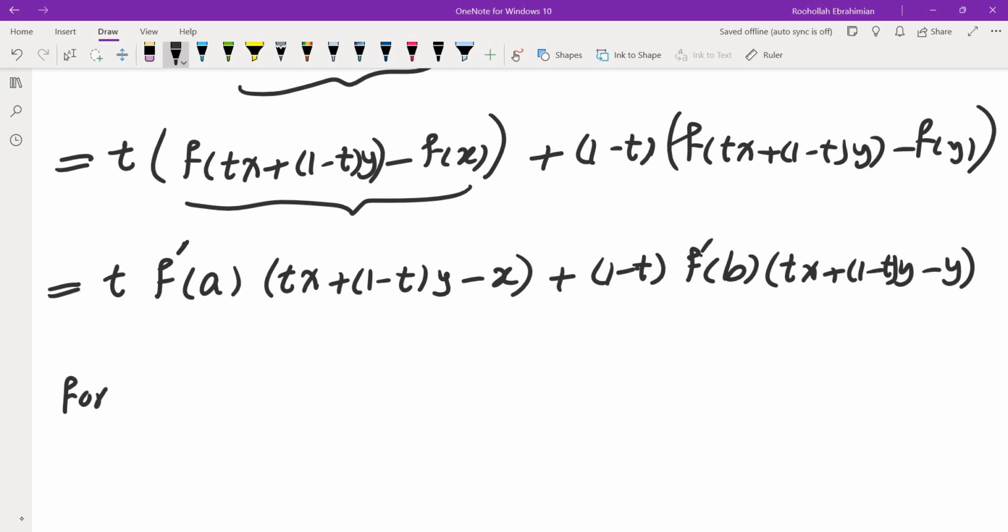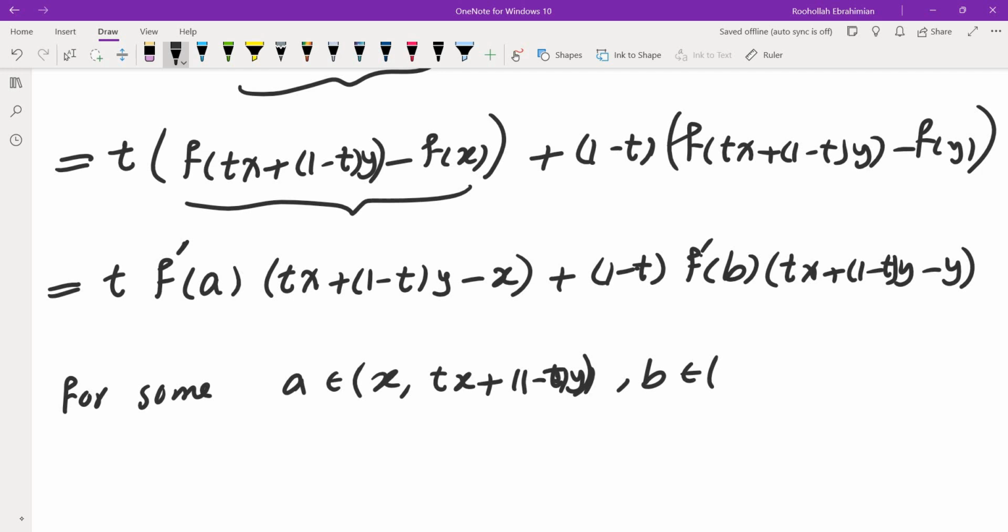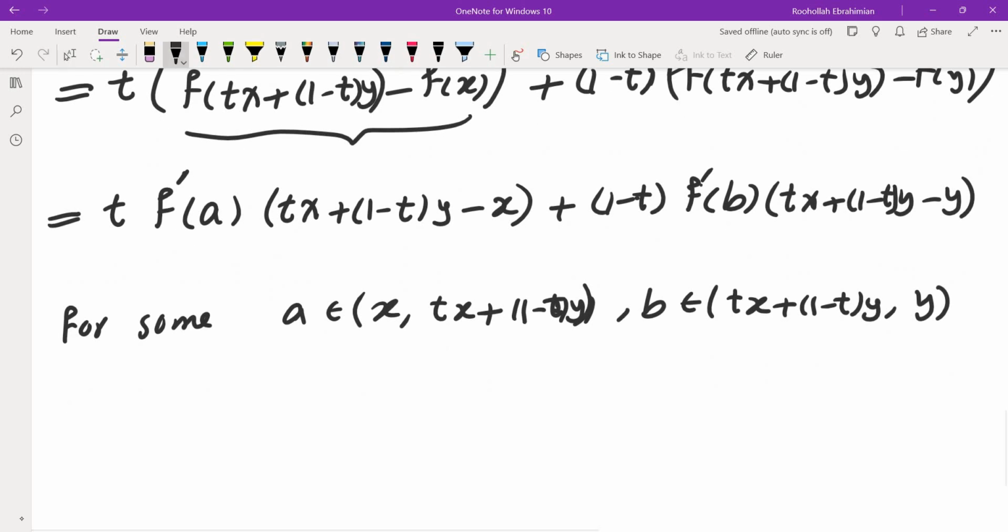And this is true for some a between x and tx + (1-t)y, and b between tx + (1-t)y and y. And here we assume x is less than y. Okay, so this is by the mean value theorem.